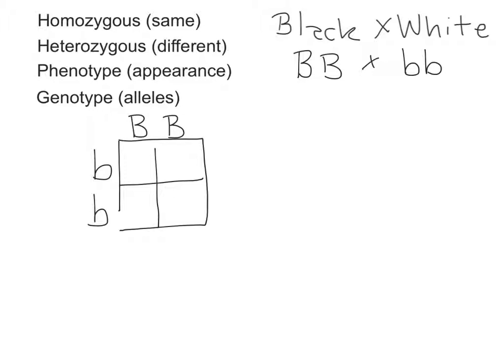And then what happens is the big B's, or those on top, come down, and then the small b's, or those on the side, move over.